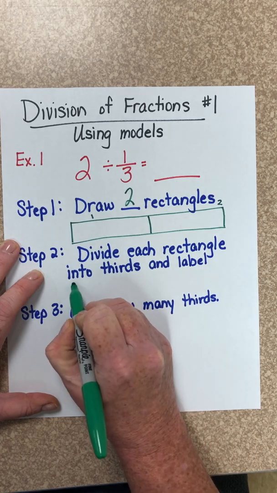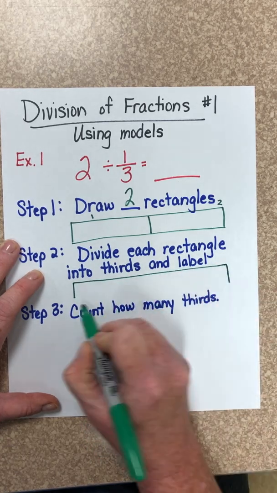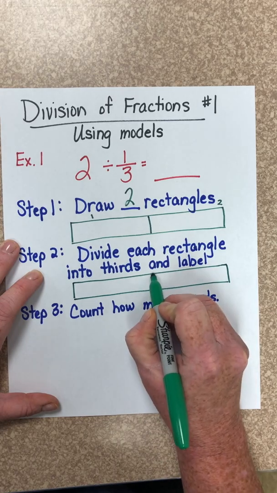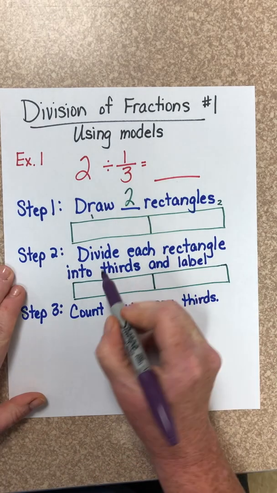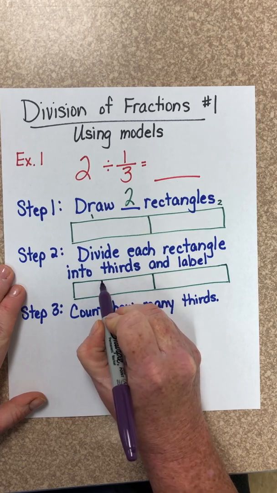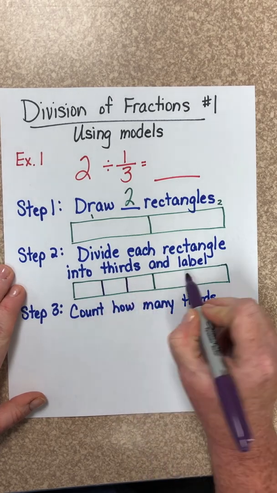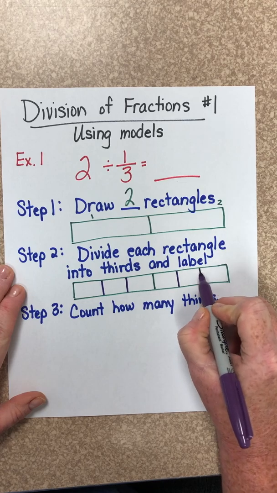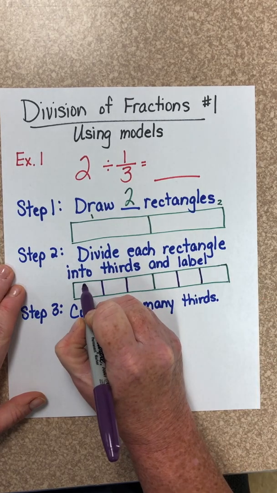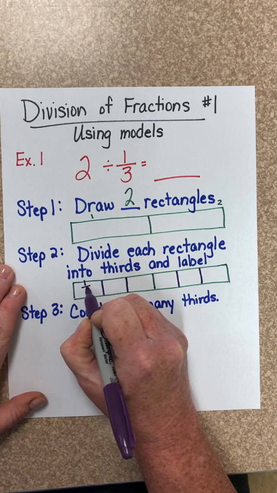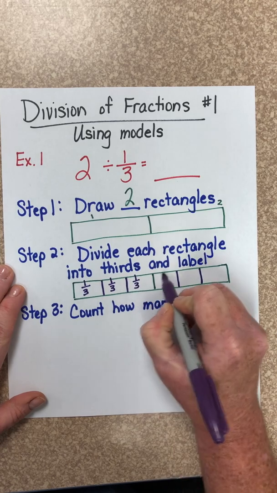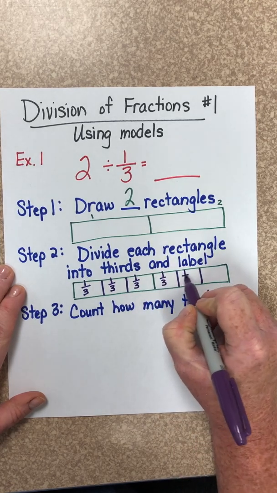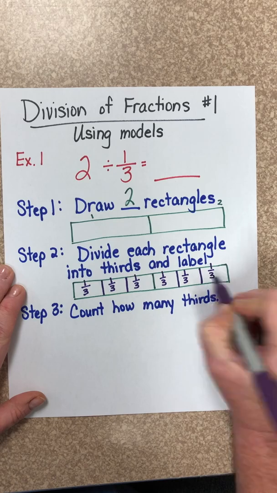So let's start by drawing the 2 rectangles again. Here's our 2 rectangles, and now we're going to divide those into thirds. And I'm going to use a different color to kind of help us see that a little better. So this would be, and we're labeling it here, this would be 1/3, and this is a third, 1/3, 1/3, 1/3, and 1/3.